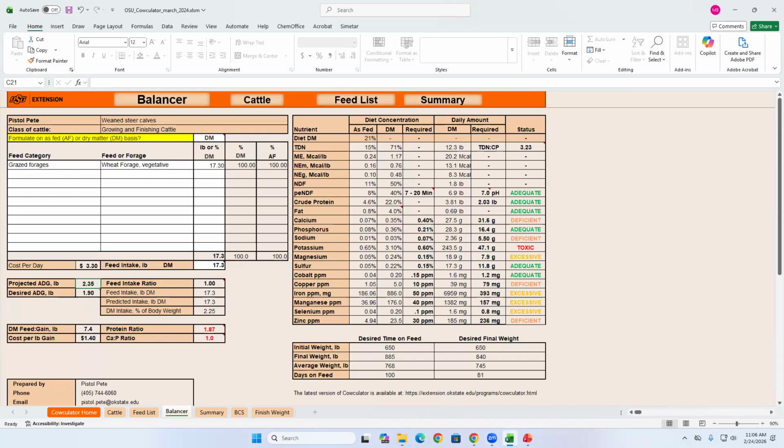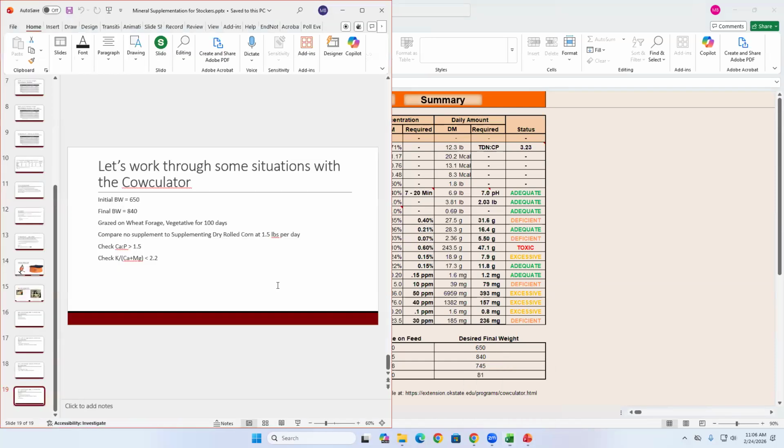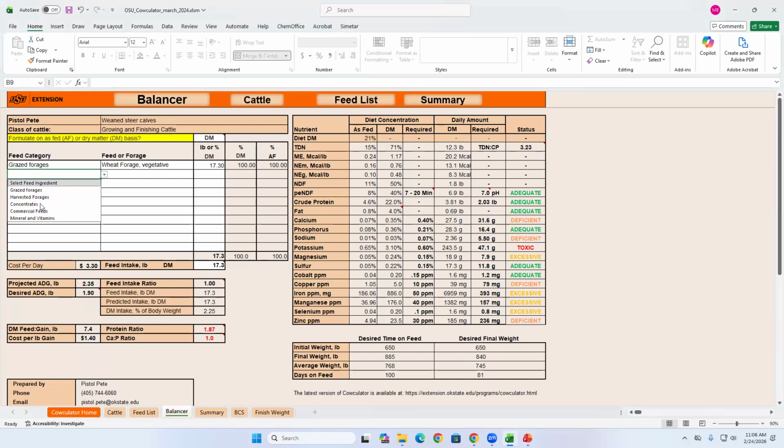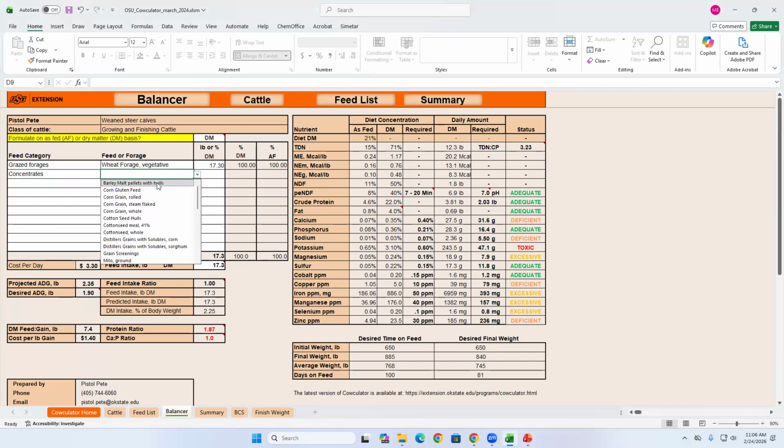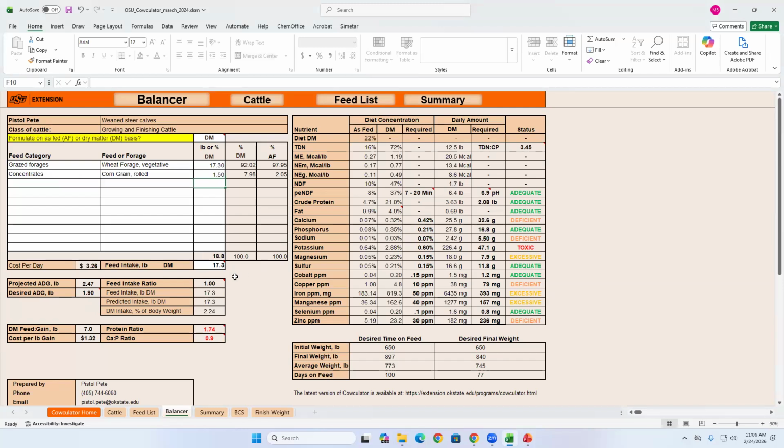Okay, so I think actually we said they're going to eat 1.5 pounds per day of dry rolled corn. So they're still expected to eat 17.3.